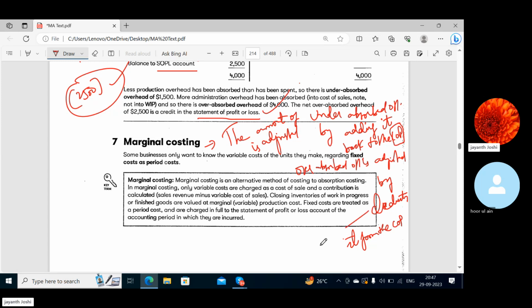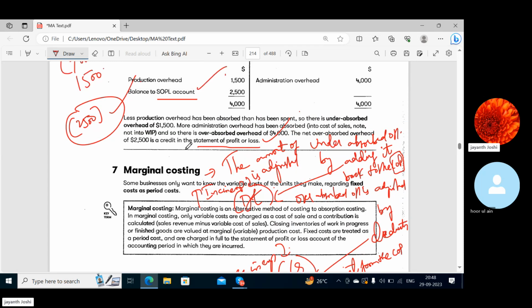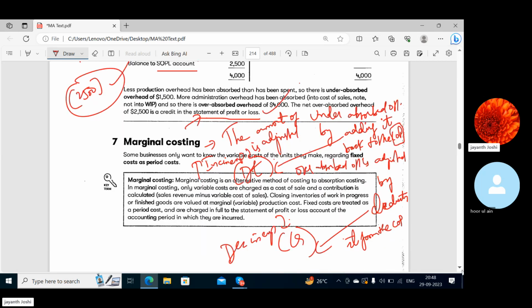So here deducting in the sense it is credit, adding in the sense to the expenditure it is debit. Increase in expense is debit, right? Increase in expense is debit and decrease in expense is credit. That's the reason why they are saying credit in the statement of profit or loss. It will decrease the expense. Okay, please make a note of this.